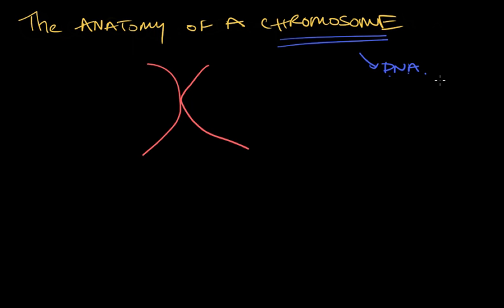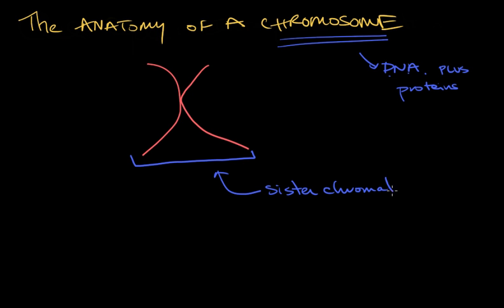But it's made out of DNA plus proteins around which the DNA has wrapped itself. So it's become like yarn, it's really thick, and then these 2 different sides of the X are called sister chromatids.